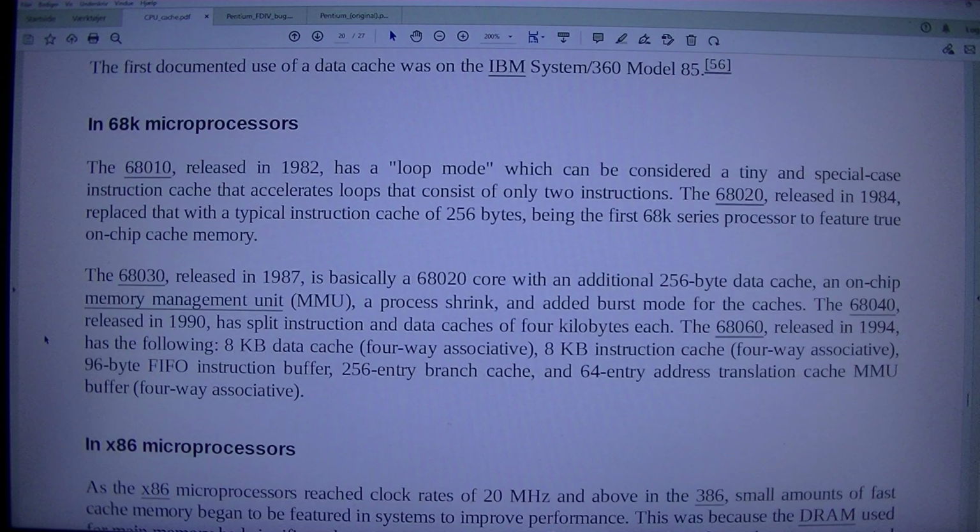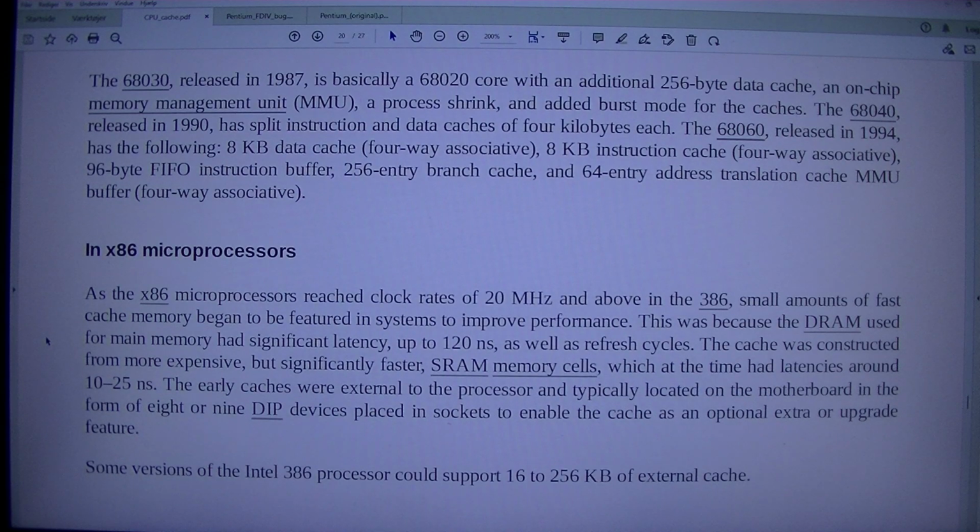The 68060, released in 1994, has the following: 8 kilobytes data cache, 4-way associative, 8 kilobytes instruction cache, 4-way associative, 96-byte FIFO instruction buffer, 256 entry branch cache, and 64 entry address translation cache MMU buffer, 4-way associative.